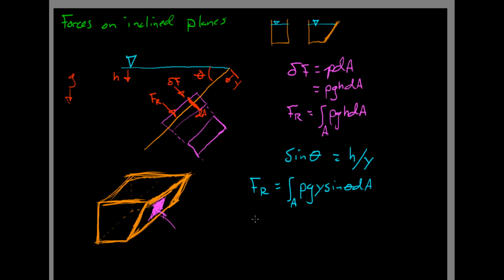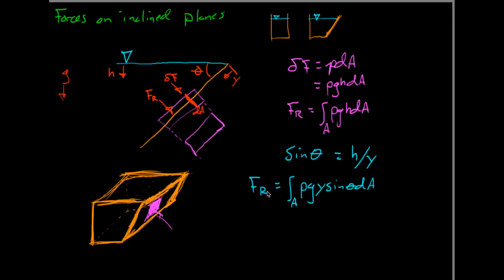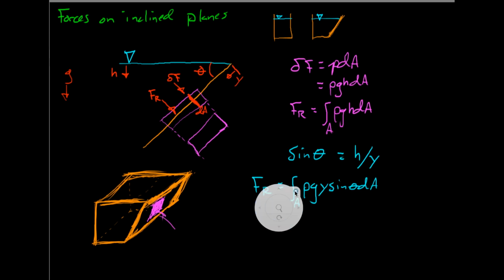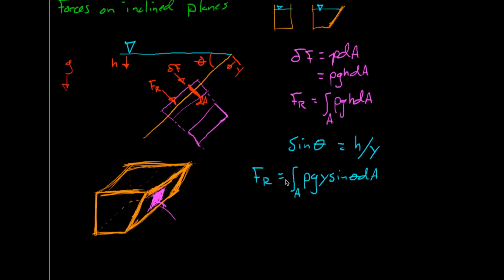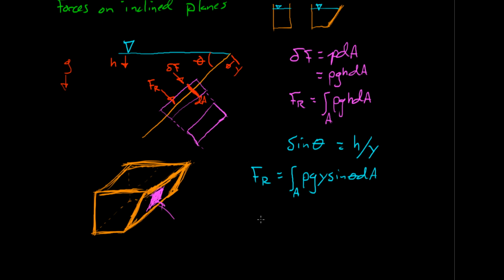So let's work with an incompressible fluid in a constant gravity field. So we can write rho and g are constants.